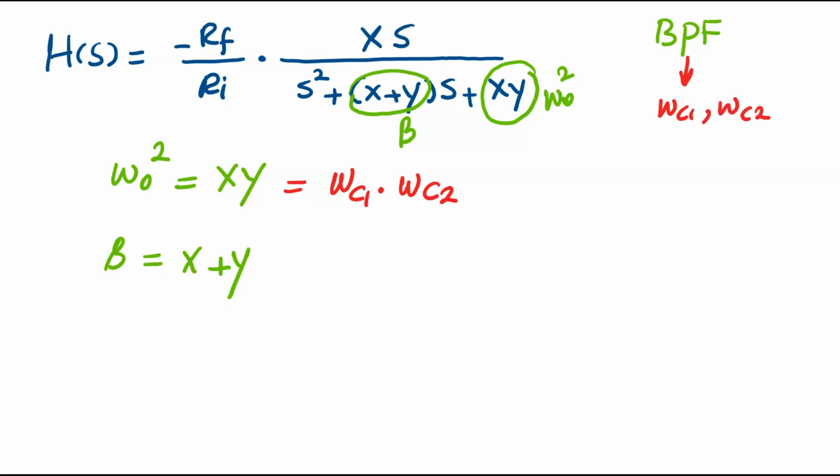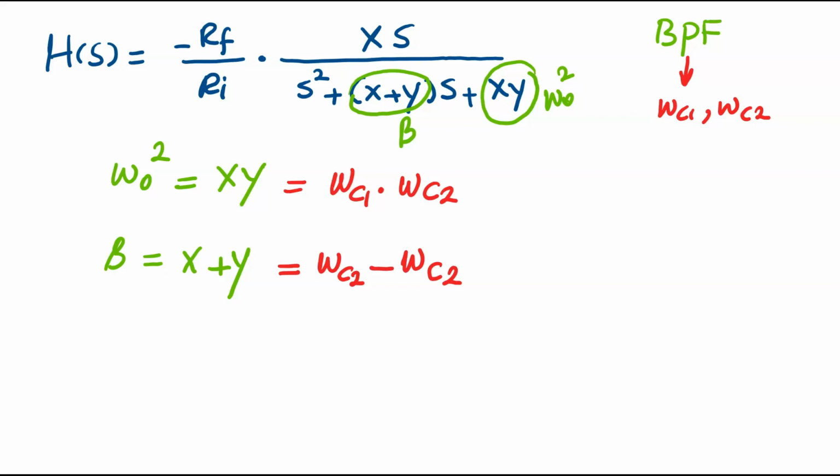So omega c1 and omega c2 are the cutoff frequencies of the band pass filter, and don't forget that x is the cutoff frequency of my low pass filter, and y is the cutoff frequency of my high pass filter. And then beta is also equal to the greater cutoff frequency minus the smaller one.